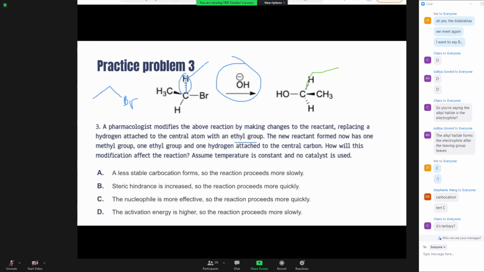Do we think that speeds the reaction up or slows the reaction down based on how the molecule has changed? And I can draw the new molecule here. What do we think about the reaction speed? Will it go faster or slower?